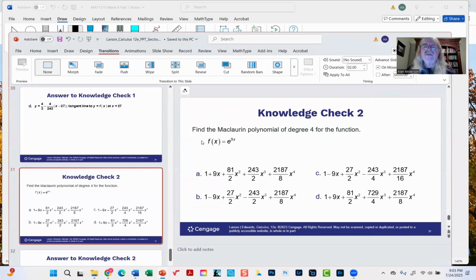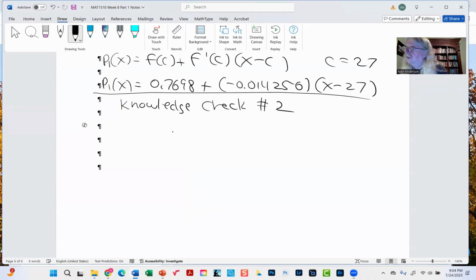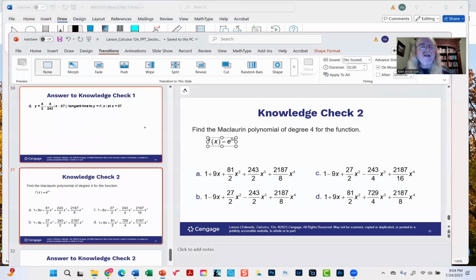So for the Maclaurin series, we have this. We're looking for f of x equals e to the 9x.